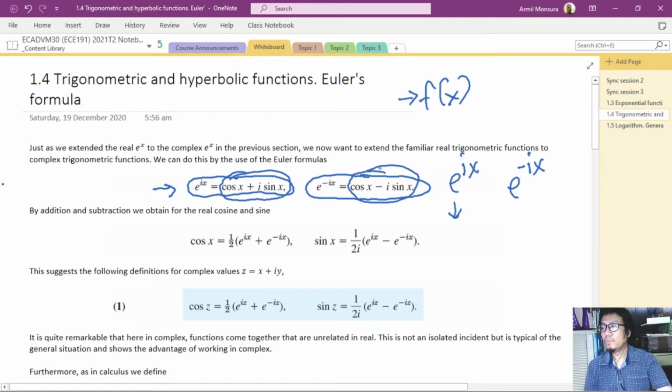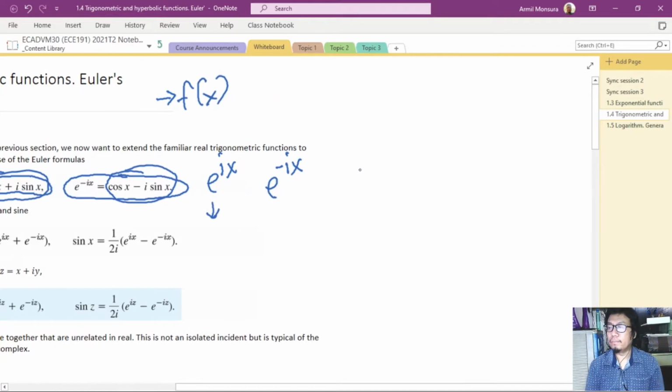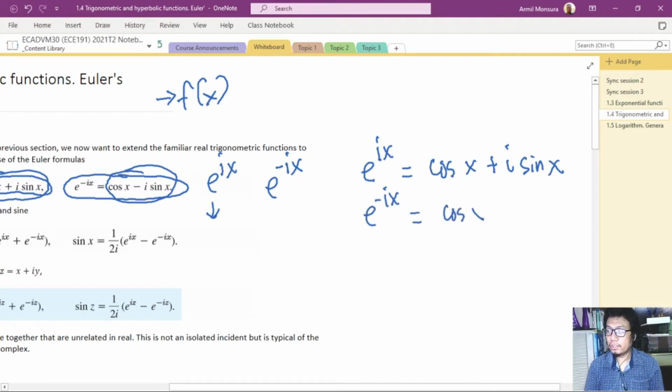Now, what we can do here is have the first equation, e raised to ix equals cosine of x plus i sine of x, and then its conjugate, e raised to negative ix equals cosine of x minus i sine of x. Now, if we add these two equations, on the left side the sum would be e raised to ix plus e raised to negative ix.